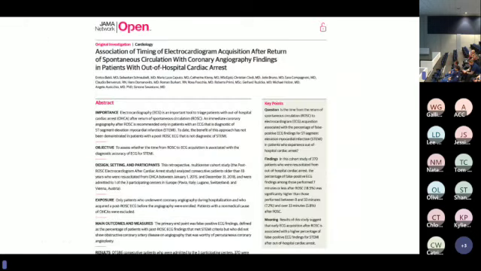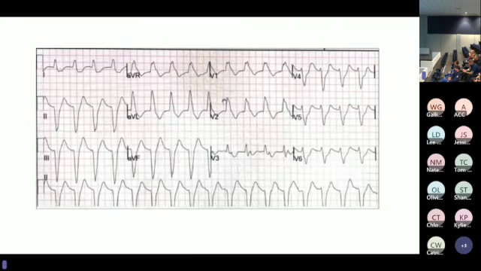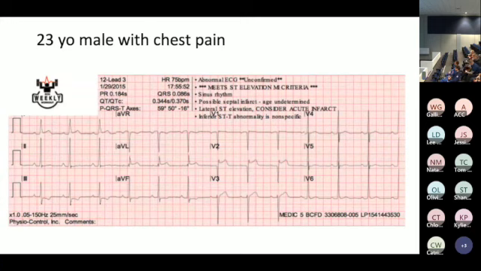Okay, yeah. So I guess more something to think about than to take super literally. Okay, I sort of left all the answers on this, but anyone want to have a go? So it looks like we've got an isolated V2 ST elevation, with some reciprocal inferior depression in lead III, a little bit in aVF, and I can see aVL is also raised.